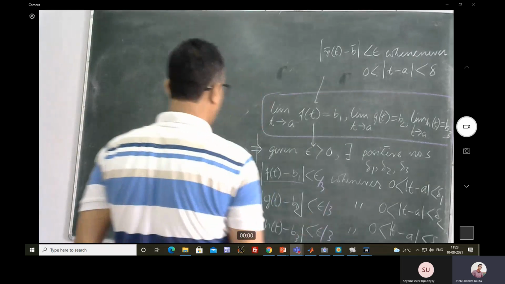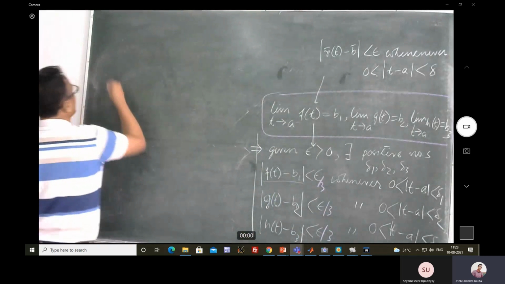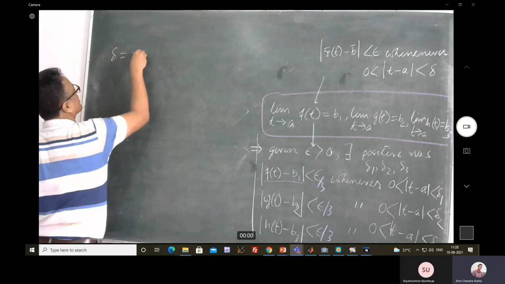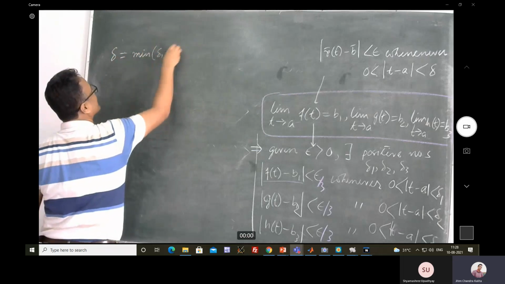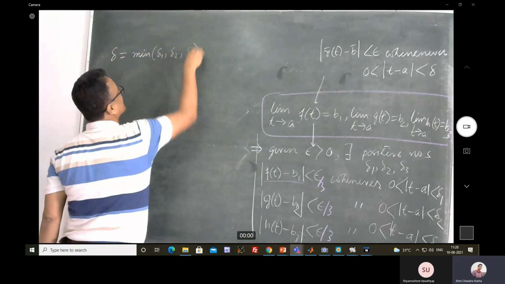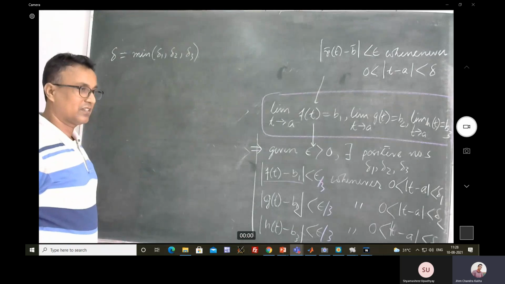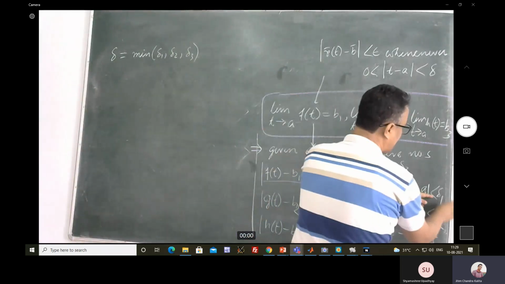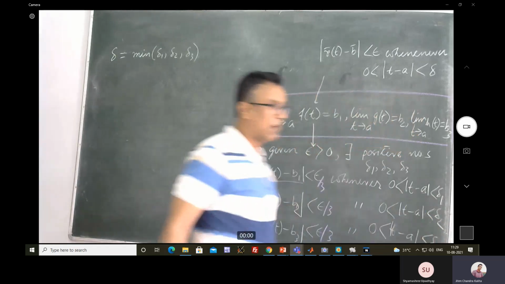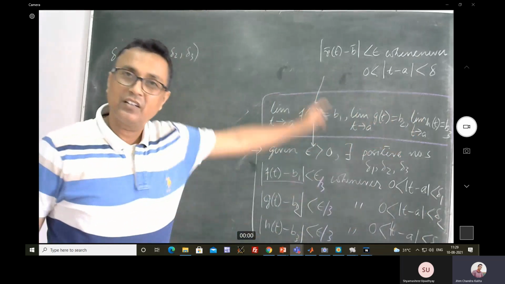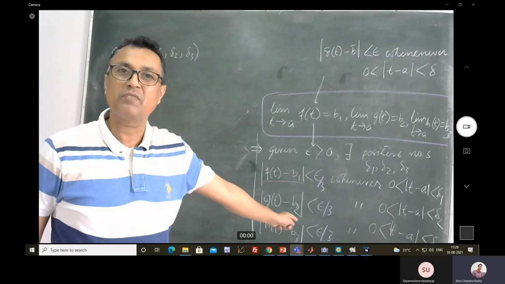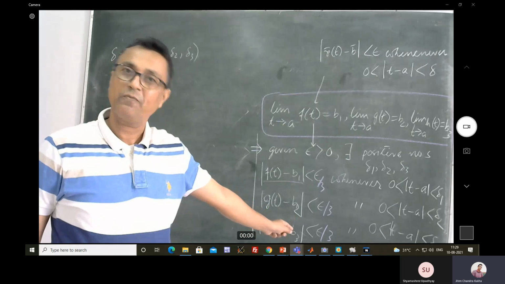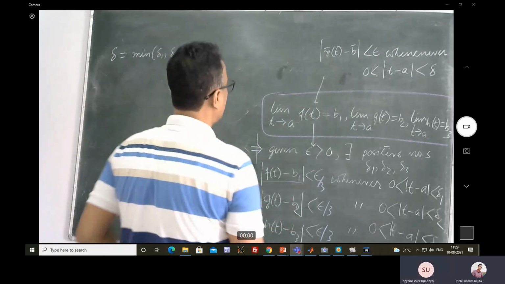So now if I assume that delta is equal to the minimum of these three, delta 1, delta 2, delta 3, then if instead of delta 1, delta 2, delta 3, I replace it by delta, these three conditions are still going to be valid. Is it okay? Fine.